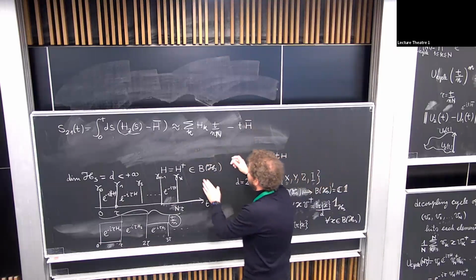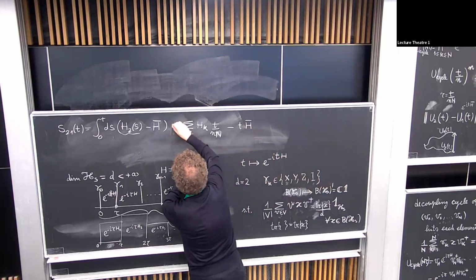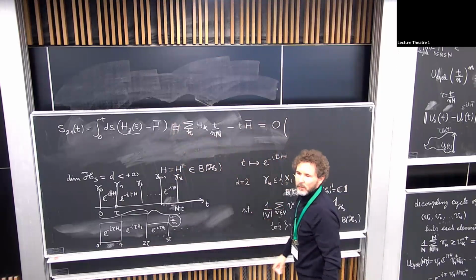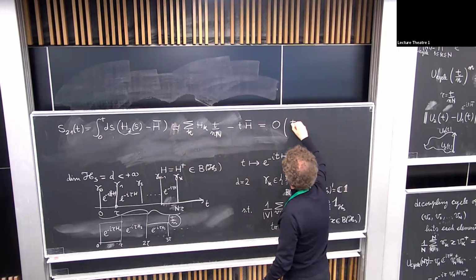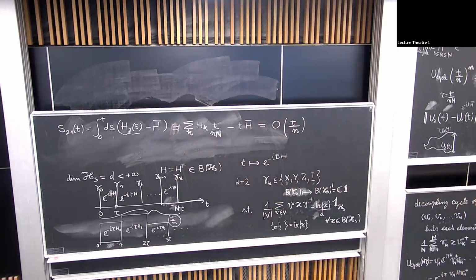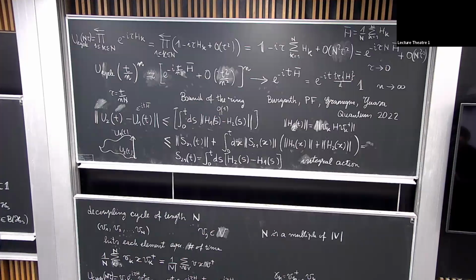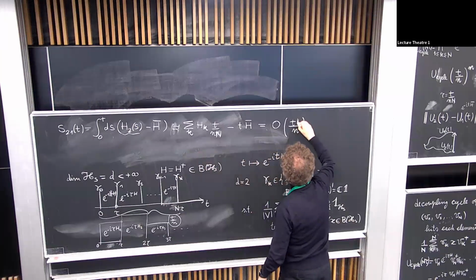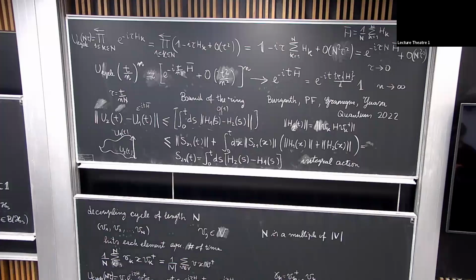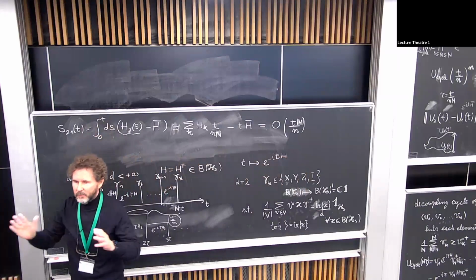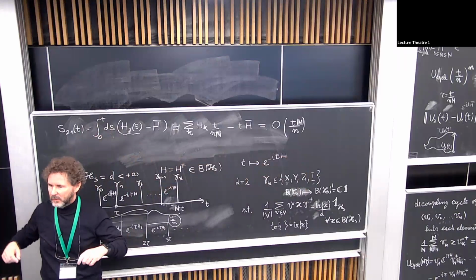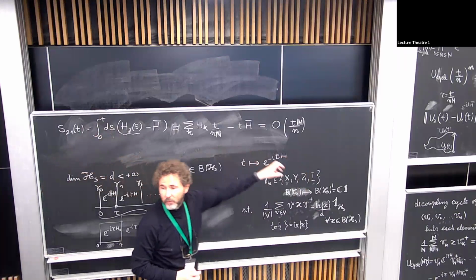Essentially, it is not difficult to see that this quantity is of order t over n, but it depends also on the norm of H. For very particular times, if the time is exactly the end of a cycle, this is exactly equal to 0.